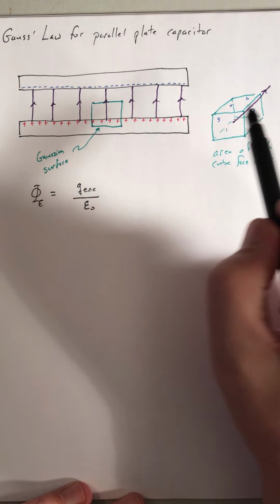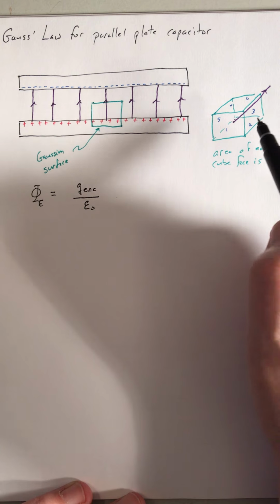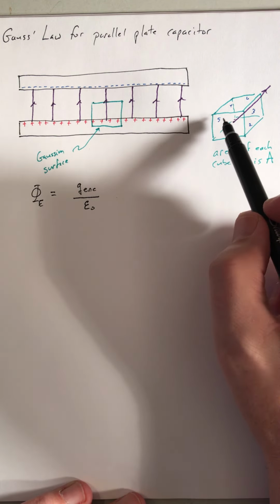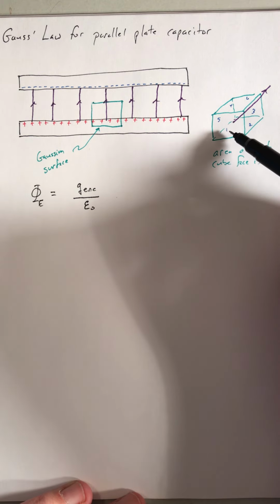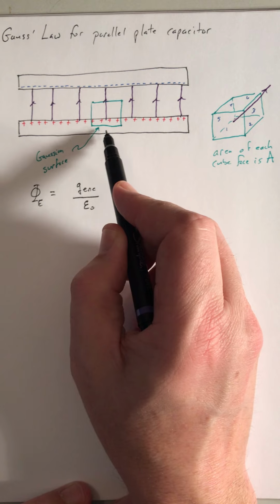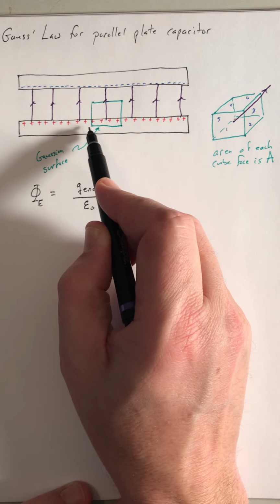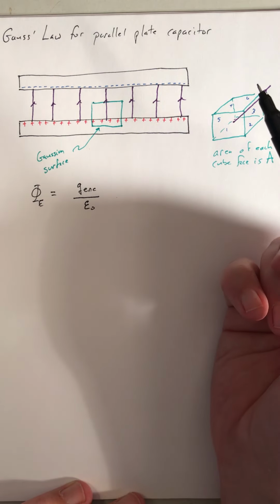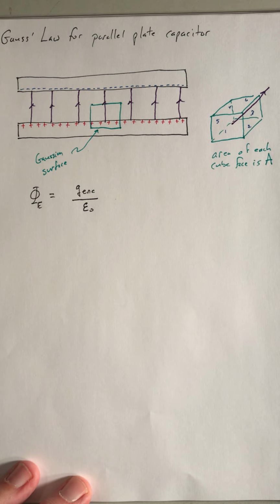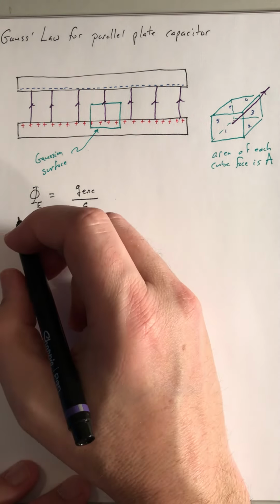There are going to be no field lines that are going to cross our faces 2, 3, 4, or 5. And there is no electric field along face 1 because face 1 is here inside the conductor where the electric field has to be 0. This is a parallel plate capacitor that's in electrostatic equilibrium.